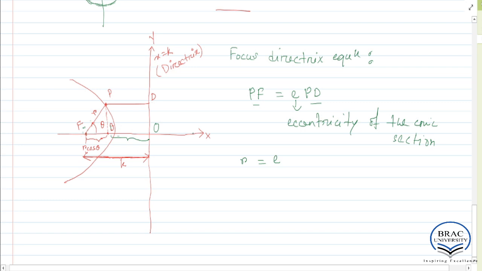This is K. So we can write PD as K minus r cos theta. So we write this as r plus E into r cosine of theta equals K into E. This gives us r equals K into E divided by 1 plus E into cosine of theta.